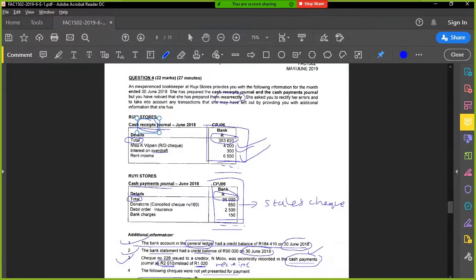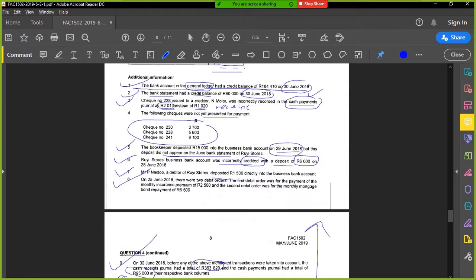Okay, the debit order. Does the insurance go in the cash payments journal? Yes, it does. That one's correct. We've got insurance already, so we're not going to show it again. Have a look. Do you see that? Okay, so we saw insurance earlier. They said there were 2 debit orders. Do you remember that?